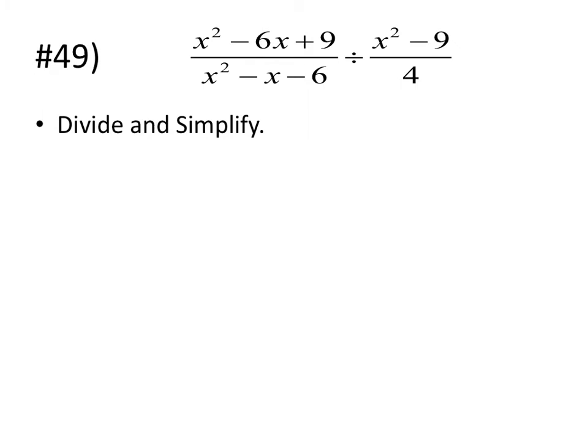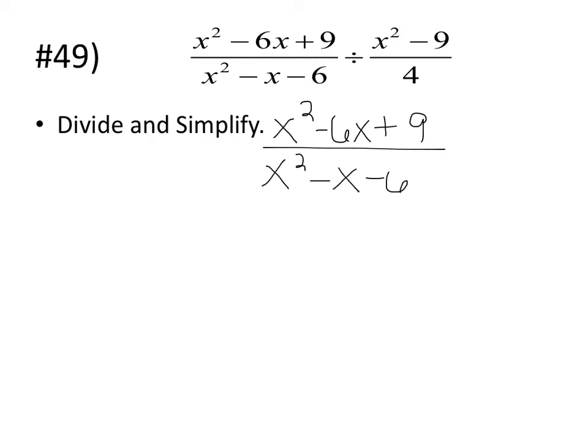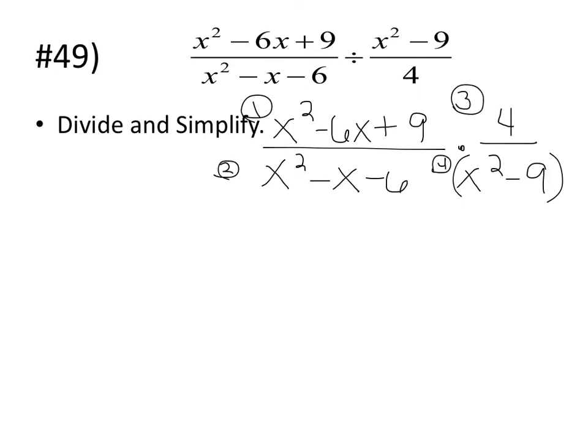Alright, so again, this is division, so we're going to keep it, switch it, flip it. So we have x squared minus 6x plus 9 over x squared minus x minus 6 times 4 over x squared minus 9. Okay, so let's number them now. 1, 2, 3, 4.